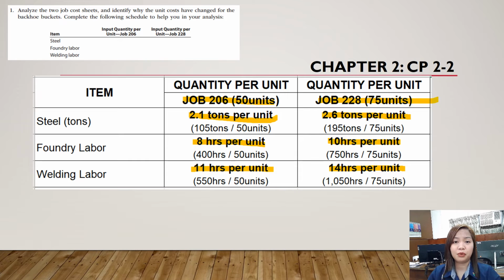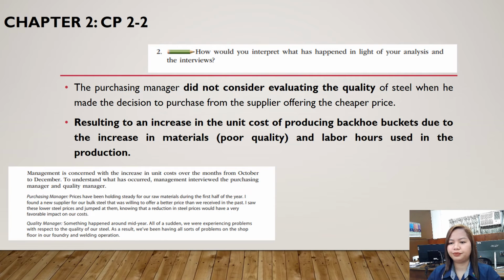Now, we'll go to requirement number 2. How are we going to interpret now, in light of our analysis and the interviews? The purchasing manager did not consider evaluating the quality of steel when he made a decision to purchase from the supplier offering the cheaper price.